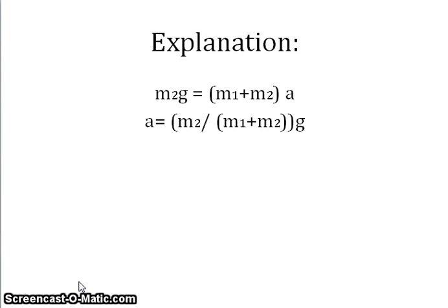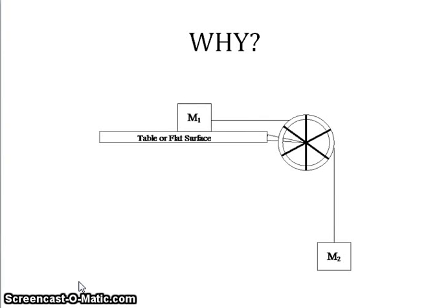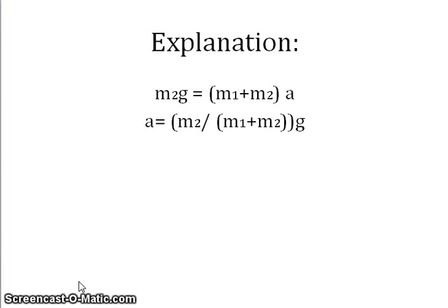So first I found that I should find the force of M2, and we know the formula for force is mass times acceleration. In this case it would be G. So on the left side of my equation I set M2, which is the mass, times G, which is the force exerted by simply M2.